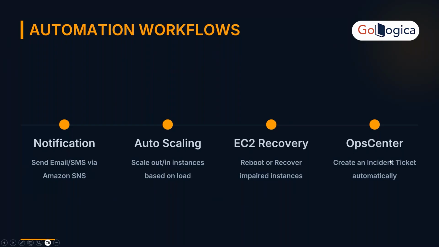And definitely the op center: you can create incident tickets automatically. So if there is an issue with the instance and it is still not recovered after reboot, then you can also raise a ticket automatically to the op center.